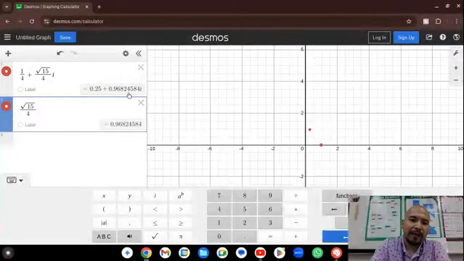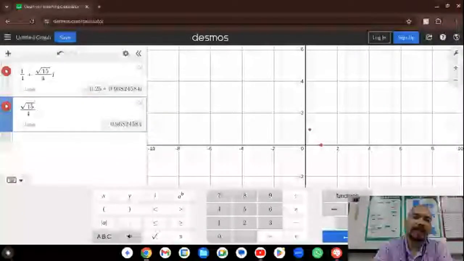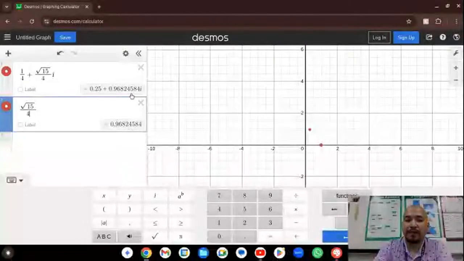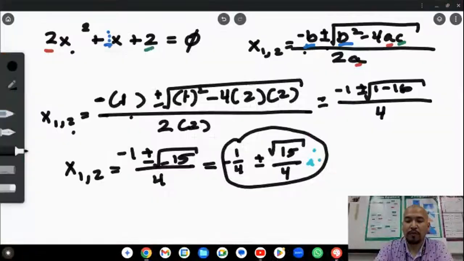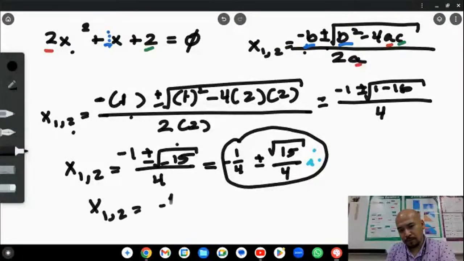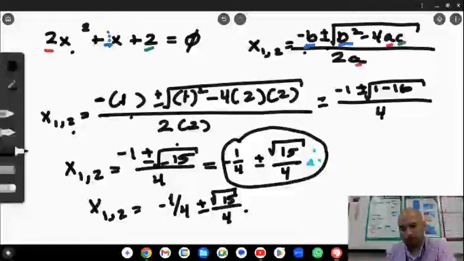And again, I need to warn you that this is an approximate form. But if you don't want to use this as your answer, you're more than welcome just to leave it like that. And you're more than welcome to even just write it like this. And I'll give you the full credit.